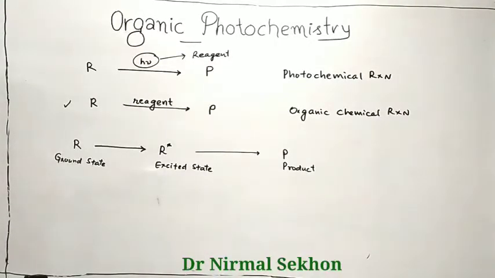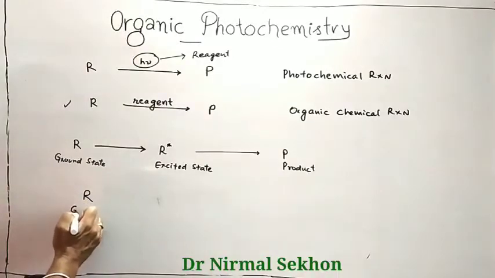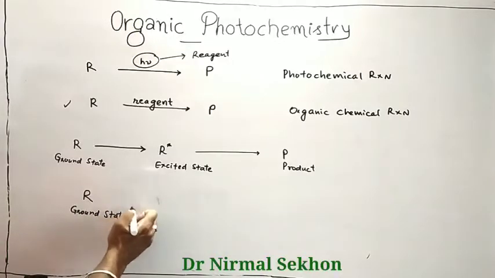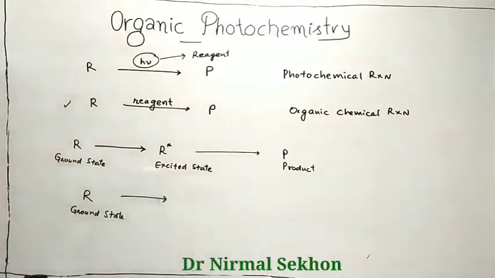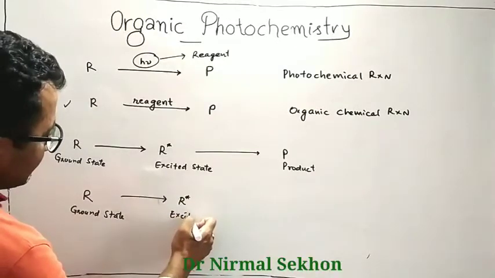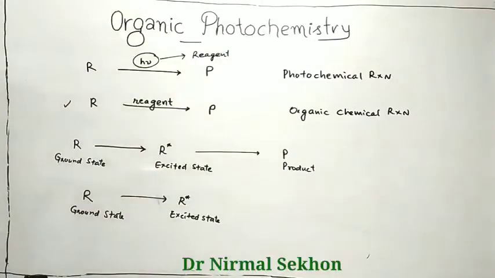Let's expand it more. Now we have a reactant R that is in the ground state. It changes to R star, that is in the excited state. Before it converts to product, it gives an intermediate.